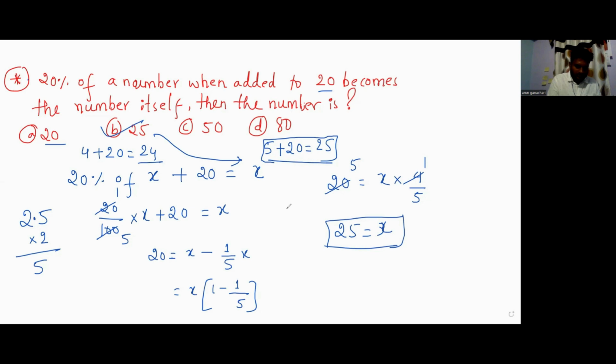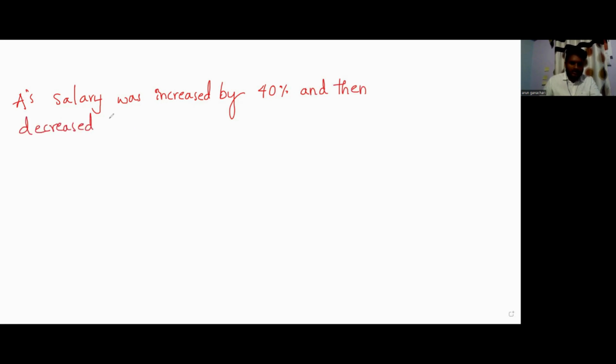Let's try one more. Try this. This is a very easy question. I think you can manage this. A's salary was increased by 40% and then decreased by 20%.